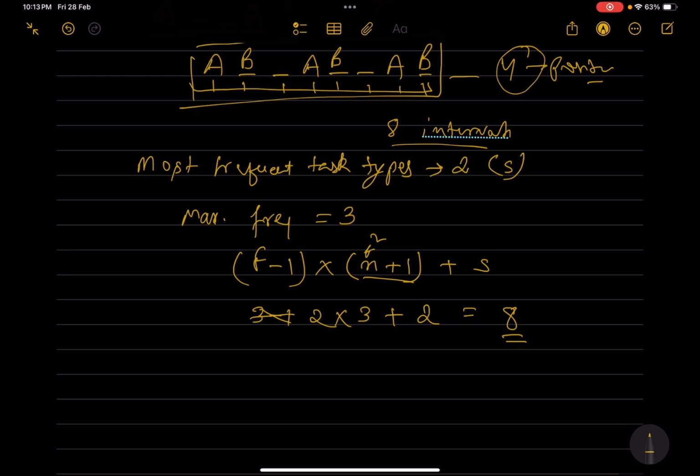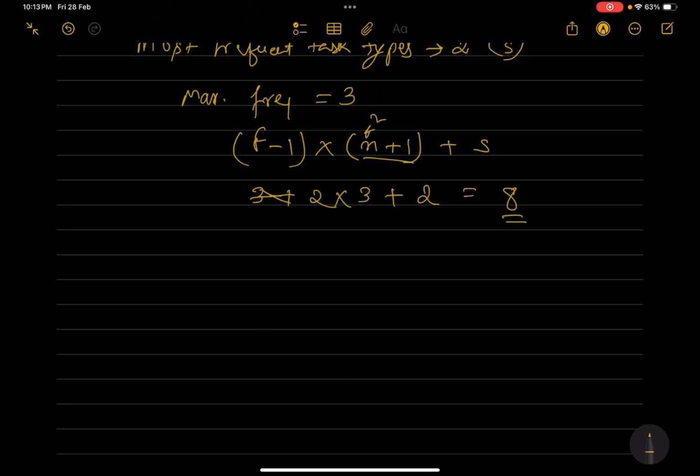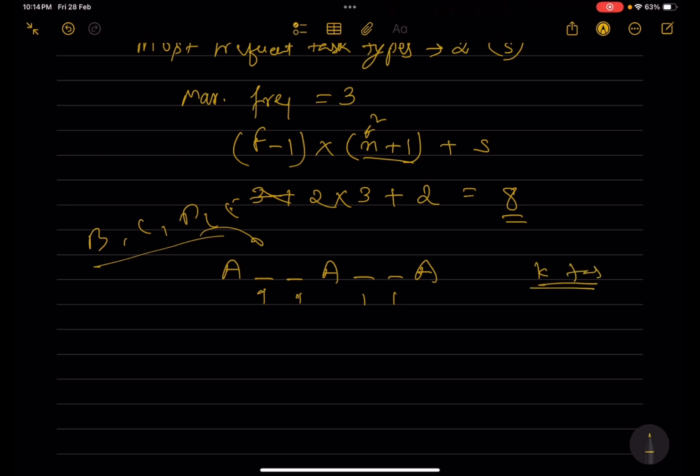Now let's understand how this logic works. So we placed A and we kept some idle time for the CPU between the A's. That means other processes can be executed at this time. So if we had B, C, D, E, we could have placed them in these gaps. How many gaps would there be for a task with frequency f?